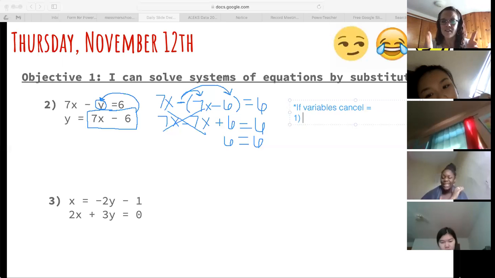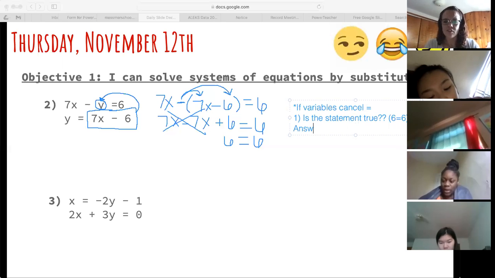So is the statement that I have left, 6 equals 6, true? Does 6 in fact equal 6? I think we can all agree that yes, 6 equals 6. That is true. So if the statement is true, your answer is infinite solutions. Infinite solutions.